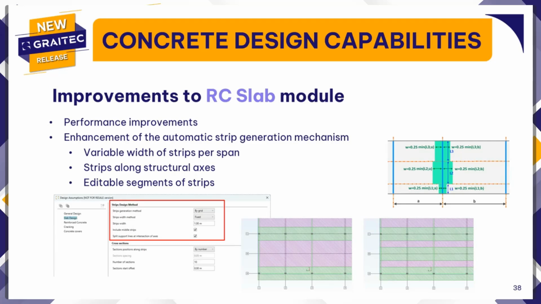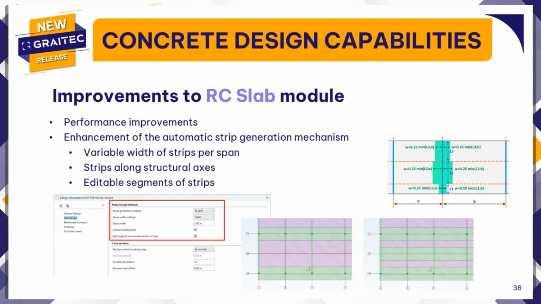The second novelty is several updates for strip generation for the RC slab, including the possibility for automatic strip definition in accordance with the American ACI code, where the width of each strip on each span can be different and depends also on the span length.